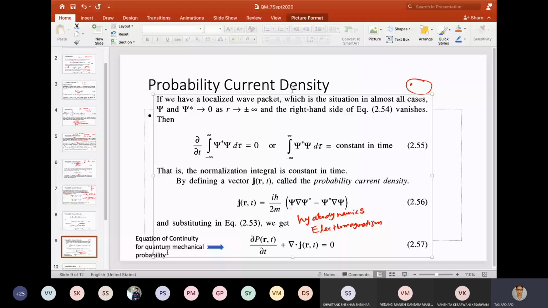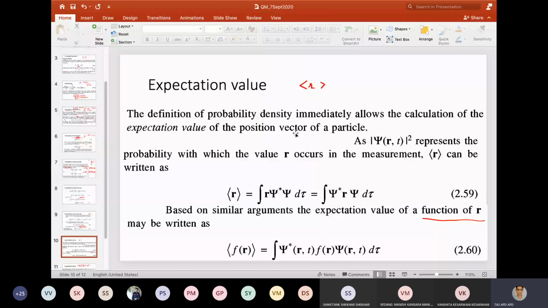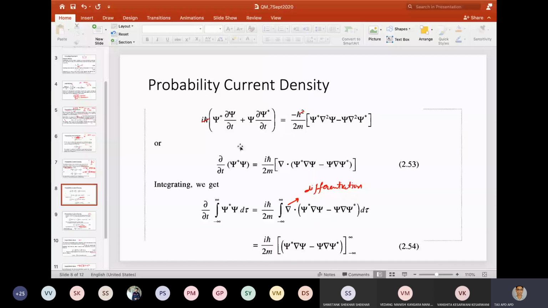And then we saw the meaning of the expectation value, and how we can use the concept of probability to find the expectation value of some parameter. Say we have a position coordinate r and we want to find its expectation value.